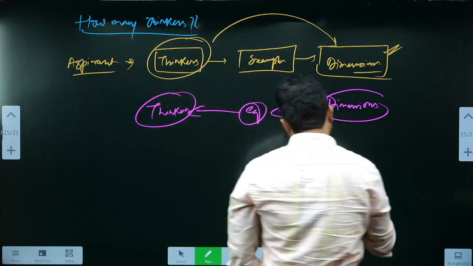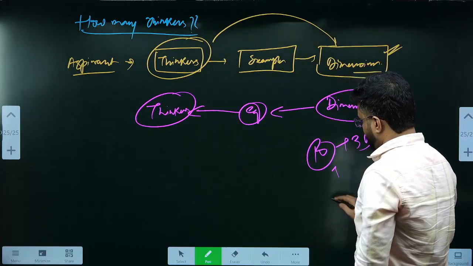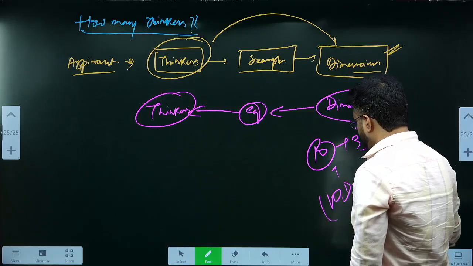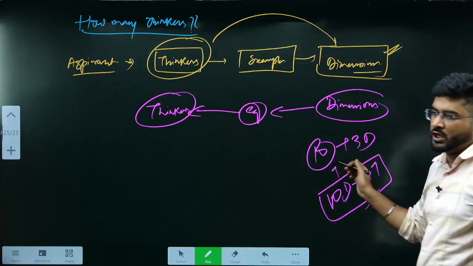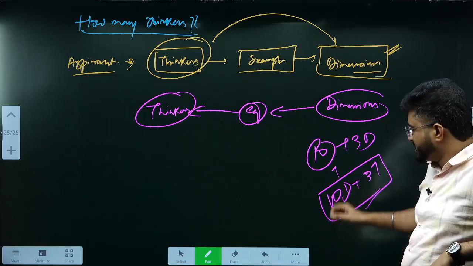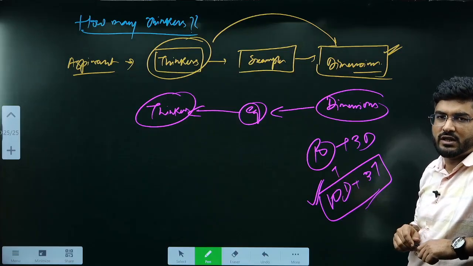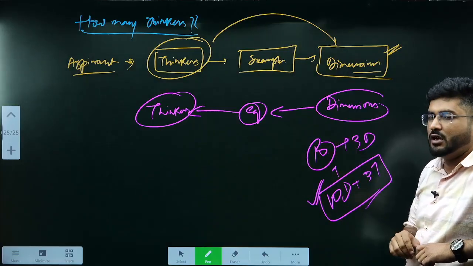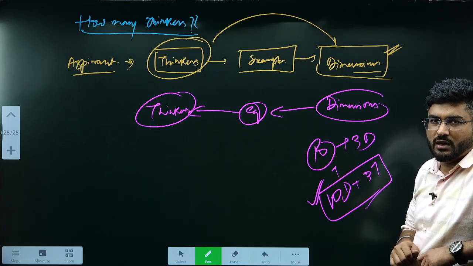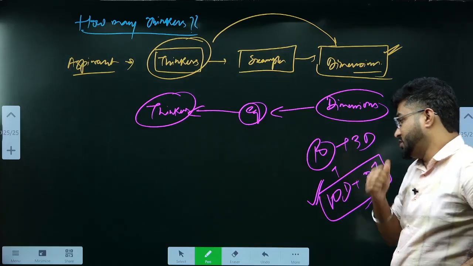If you write 10 thinkers and 3 dimensions in your answer sheet, whereas someone else writes 10 dimensions and 3 thinkers, who do you think UPSC is going to give good marks? Obviously the person who writes more dimensions and clubs them with relevant thinkers, rather than filling the sheet with thinkers' names and only 2 or 3 dimensions. So focus on generating as many dimensions as you can.